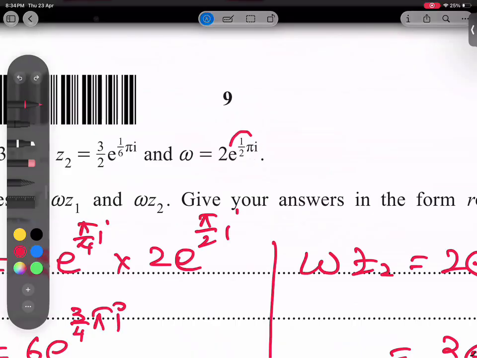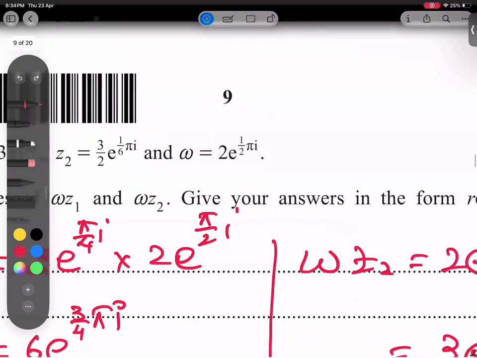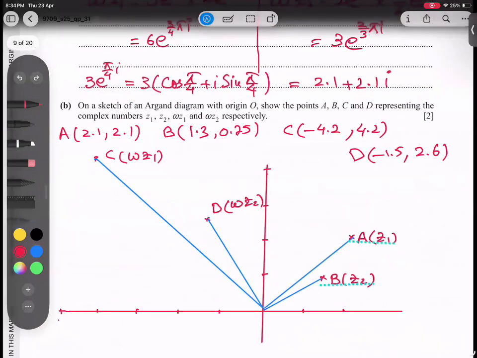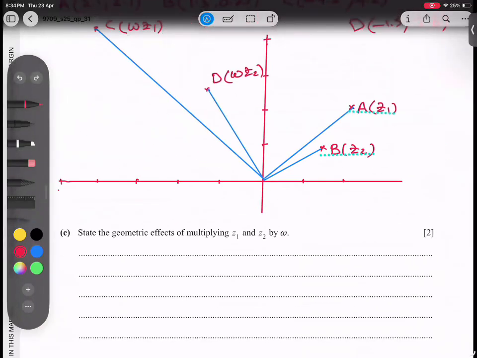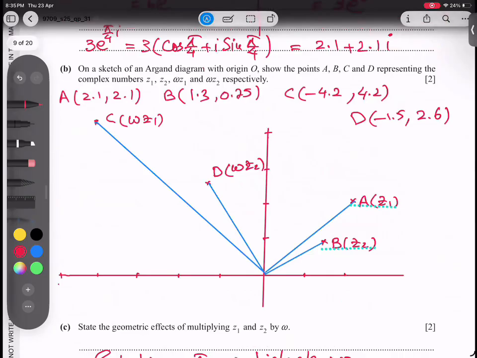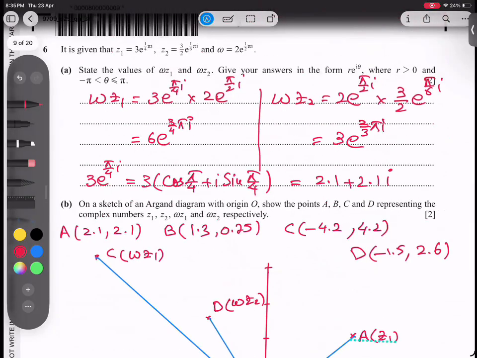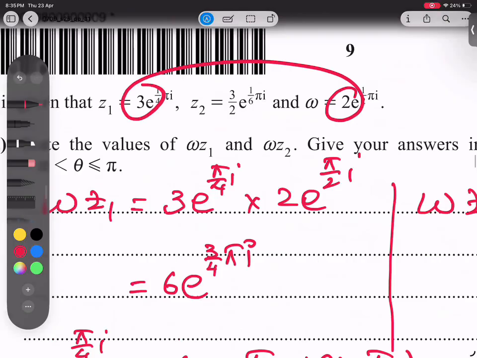First we talk about the rotation part. This first geometrical impact is very clear: it is a rotation, 90 degrees, or say pi by 2, anti-clockwise. The second geometrical effect or impact is what? We can focus here on both, when you deal with this one or this one. When 2 is multiplying, what happens?